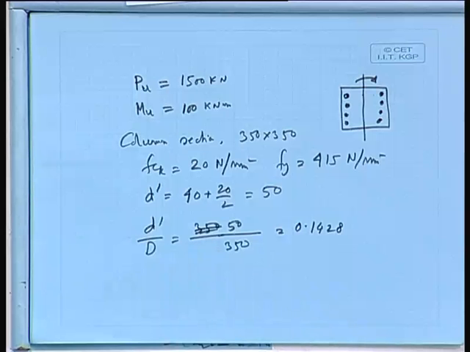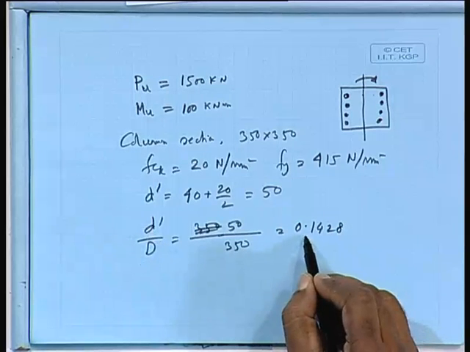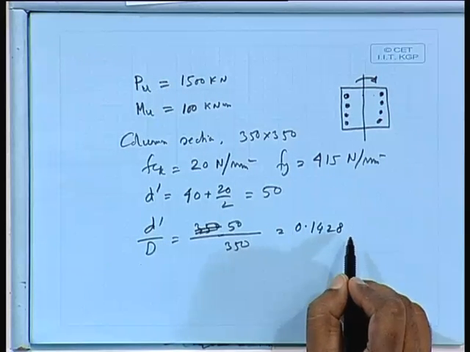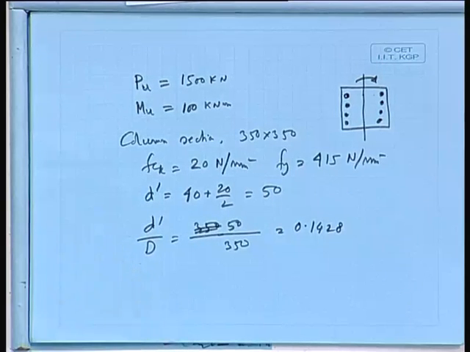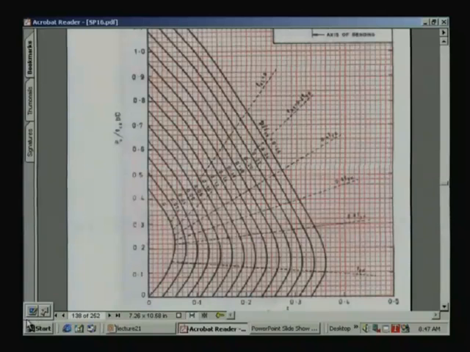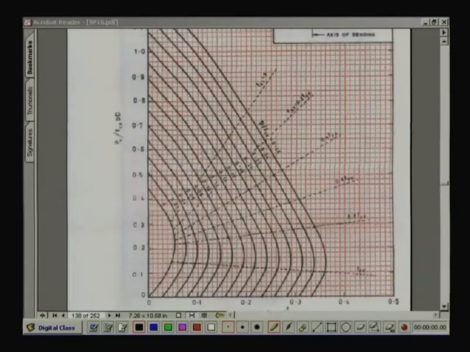So, if you have d dash by d equal to 0.1428, I can take this section. I think instead of going to computation, what I shall do here, say, this is that section.